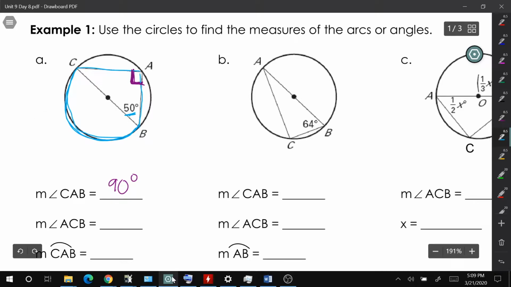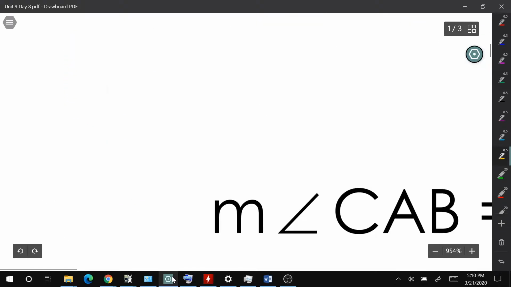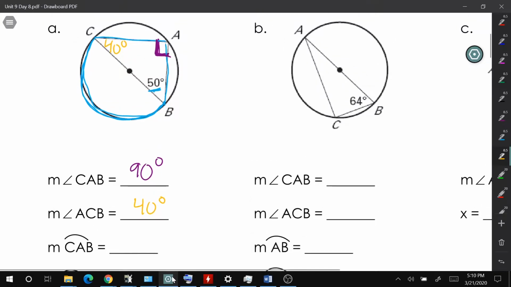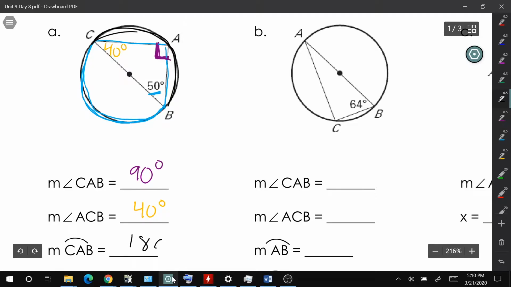Right here we have a 50 degree angle, which makes this angle 40 because 40 plus 50 plus 90 is 180. So angle ACB is 40 degrees. Now the measure of the arc CAB is this right here, and that's a semicircle, so that is 180 degrees.